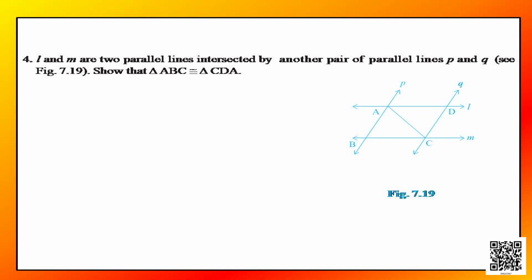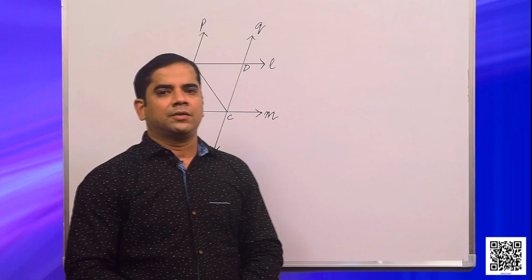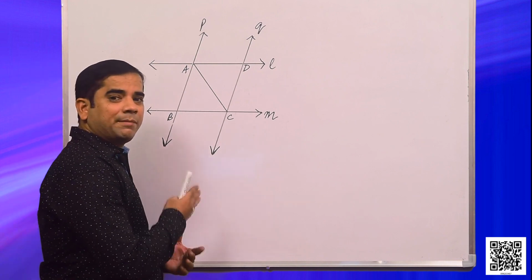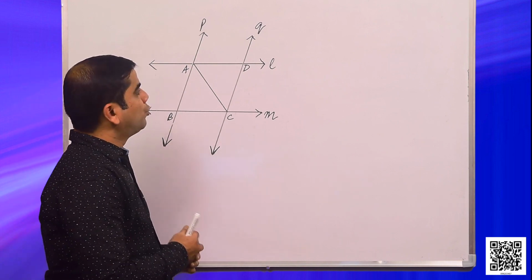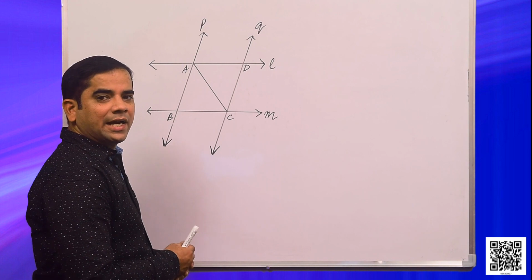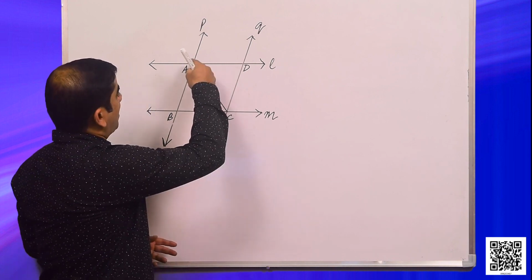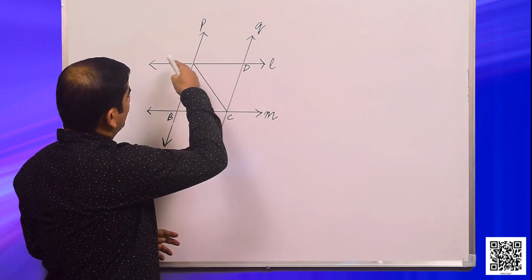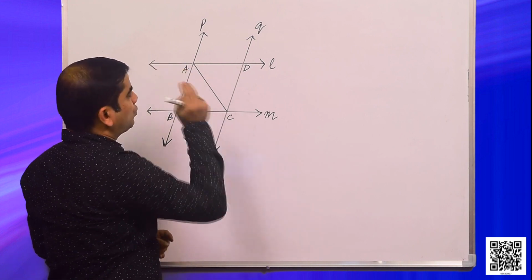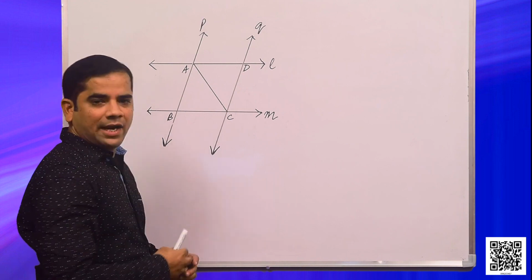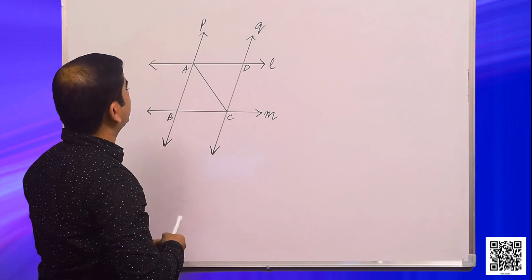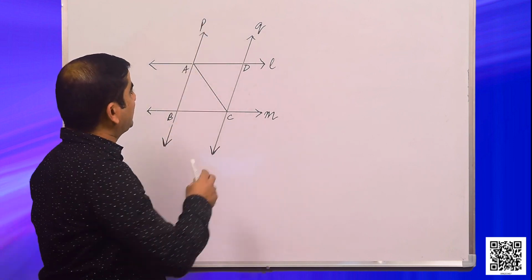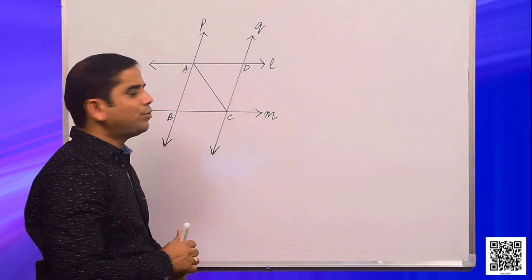Let us draw the diagram first. Okay? Students, as you can see, I have drawn a similar diagram that is given in your book. So, as per the diagram, I have connected the points A and C. So, now we have two lines, L and M, intersected by two lines P and Q, and these two pairs are parallel to each other.